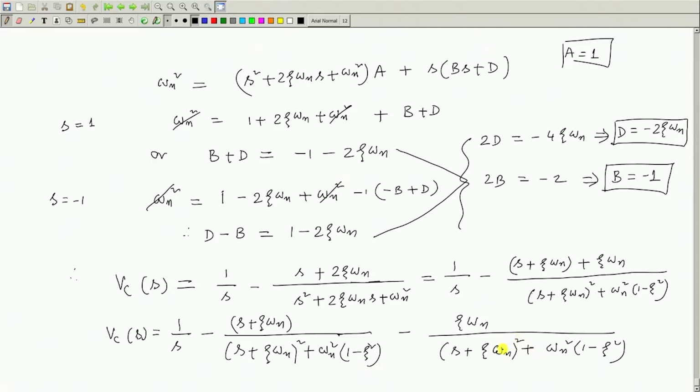But here, that will give you cosine term, and this will give you sine term provided this term also comes here. So, I will rewrite this in the next expression like this.